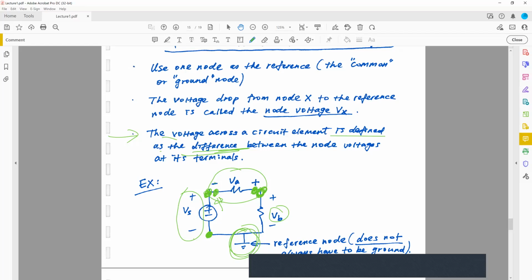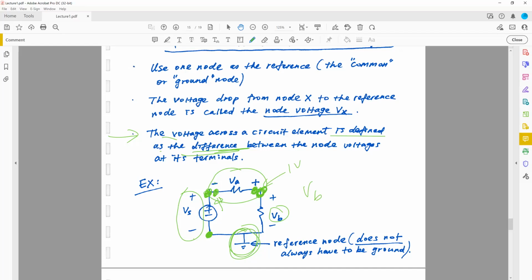Now, if I give this node a numerical value, if this node is sitting at 1 volt, then VB is going to be 1 volt minus 0 volts, which is 1 volt. 0 volts because I have my ground, and 1 volt because, as an example, I say this is my 1 volt.